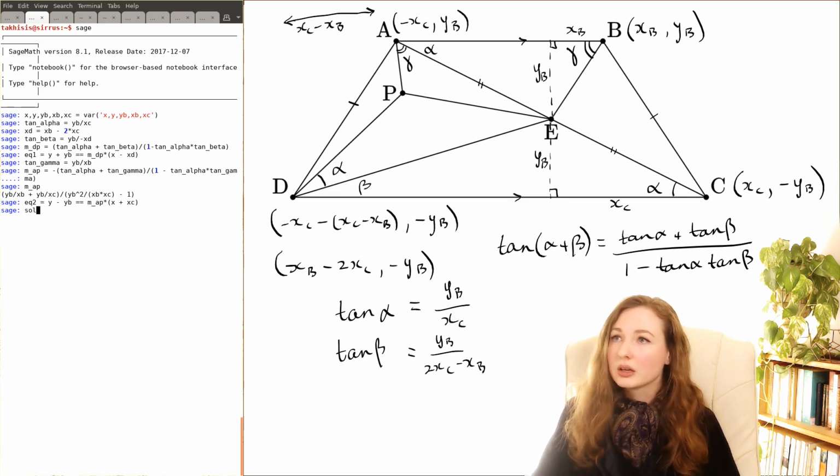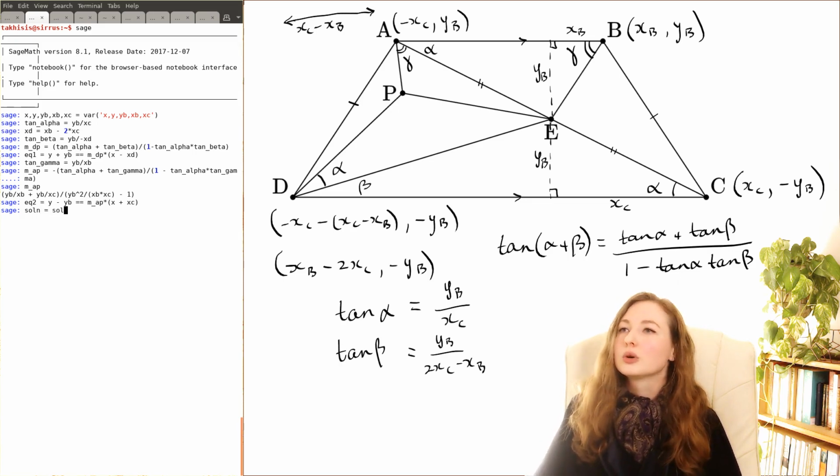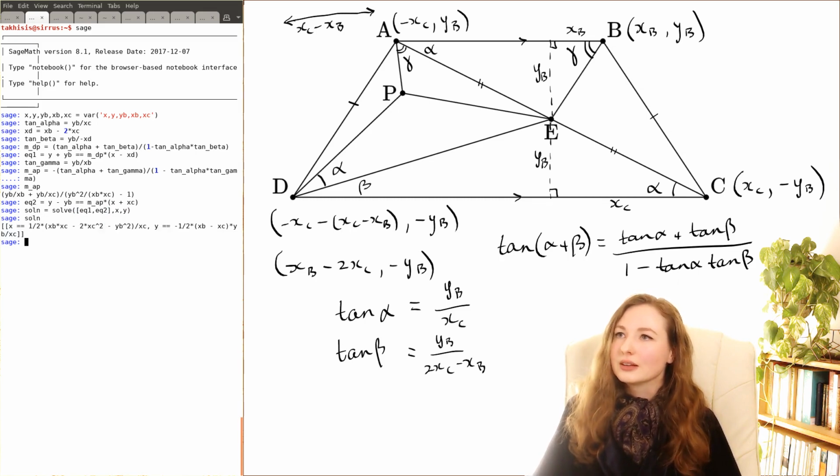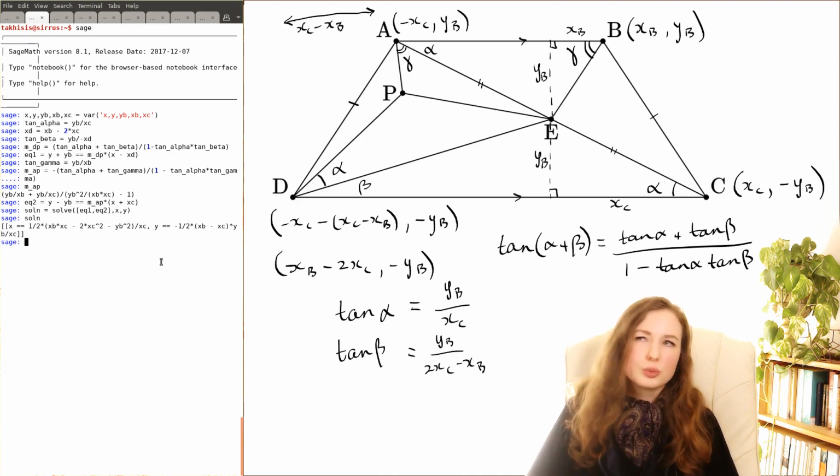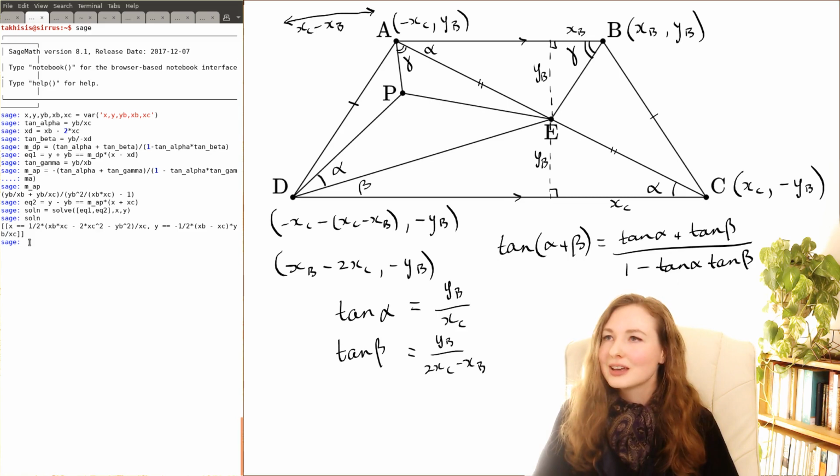So say the solution equals solve equation 1 and equation 2 for x and y. Okay, so that's the solution. You can see there's only one solution, which you would expect. You wouldn't expect to have two intersection points with straight lines.